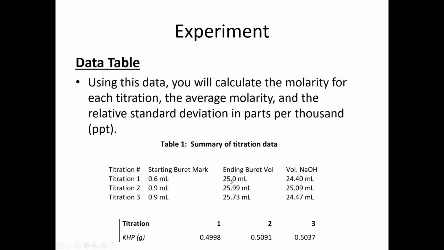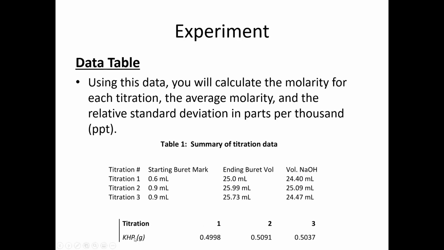In this case, we're starting the burette from 0.6 mL, and the ending point is 25.0. We take the difference and keep 4 significant figures, and the volume of sodium hydroxide used is 24.40 mL. We take the difference between the starting point and ending point, and we know each time how much KHP is used.